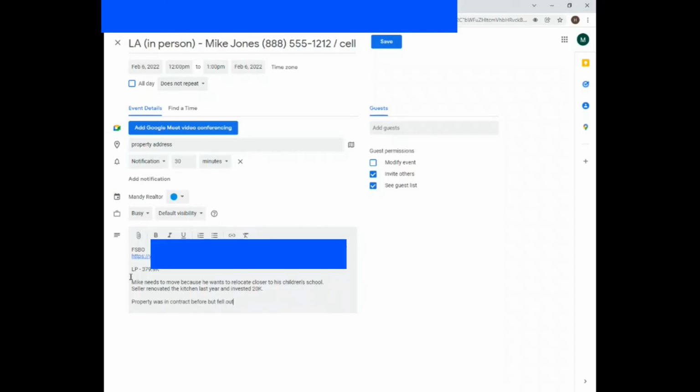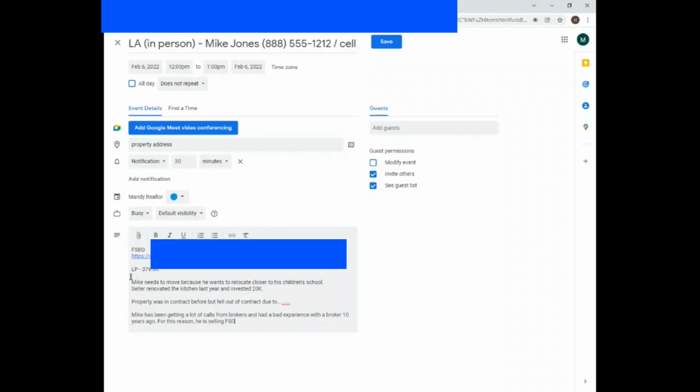Property was in contract before, but fell out of contract due to, put that reason down, whatever that might be. Mike has been getting a lot of calls from brokers, had a bad experience with a broker 10 years ago.